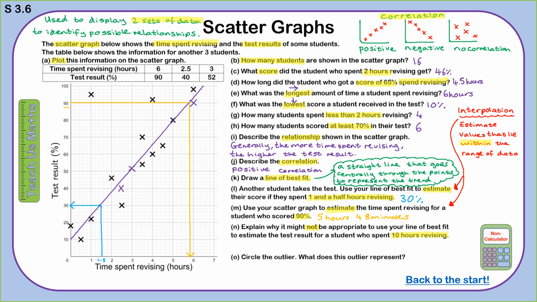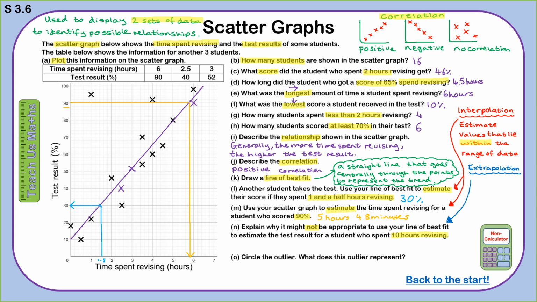Making assumptions about data that is beyond the range of data that you have is very unreliable. This is an example of extrapolation. Extrapolation is where you estimate values that lie outside of the range of data. It is unreliable.